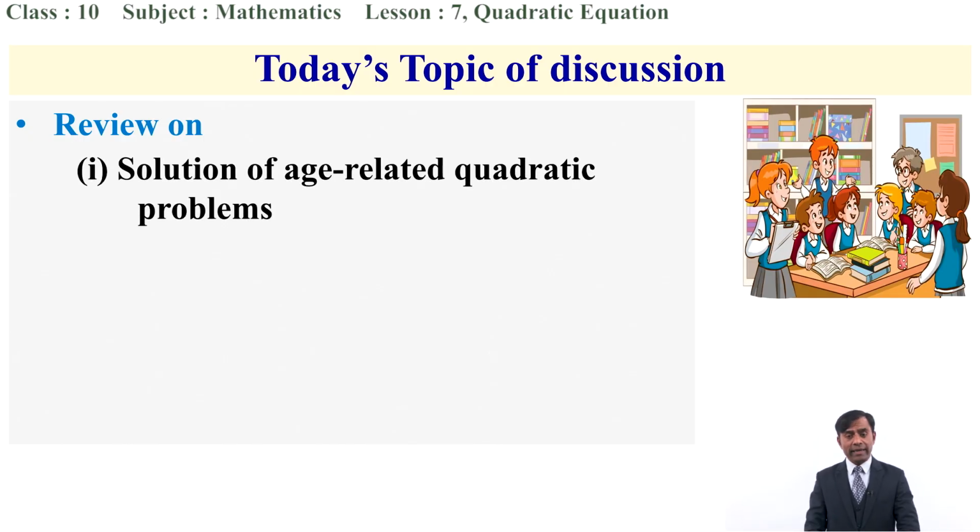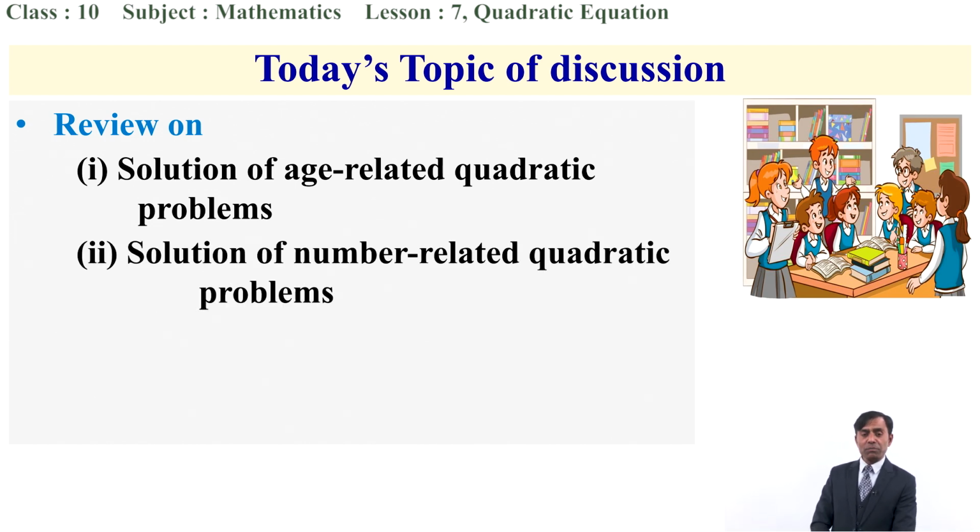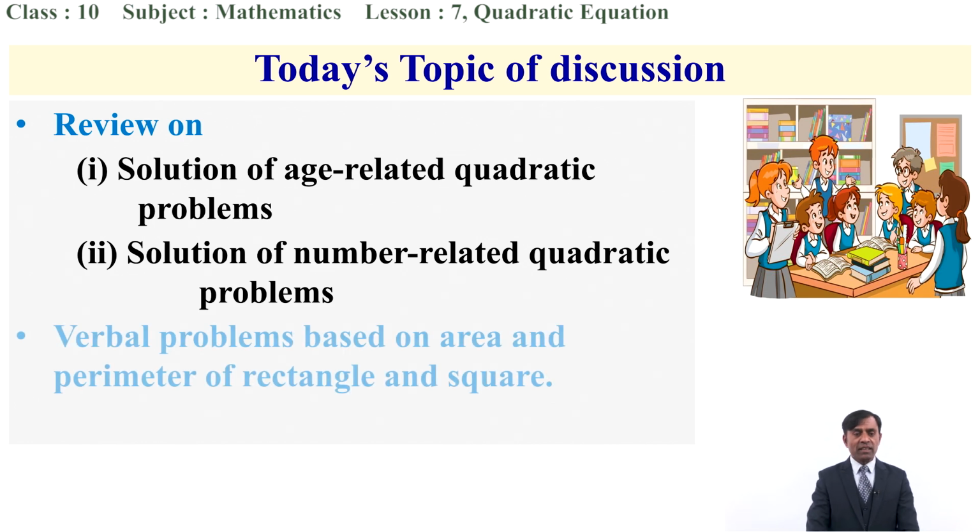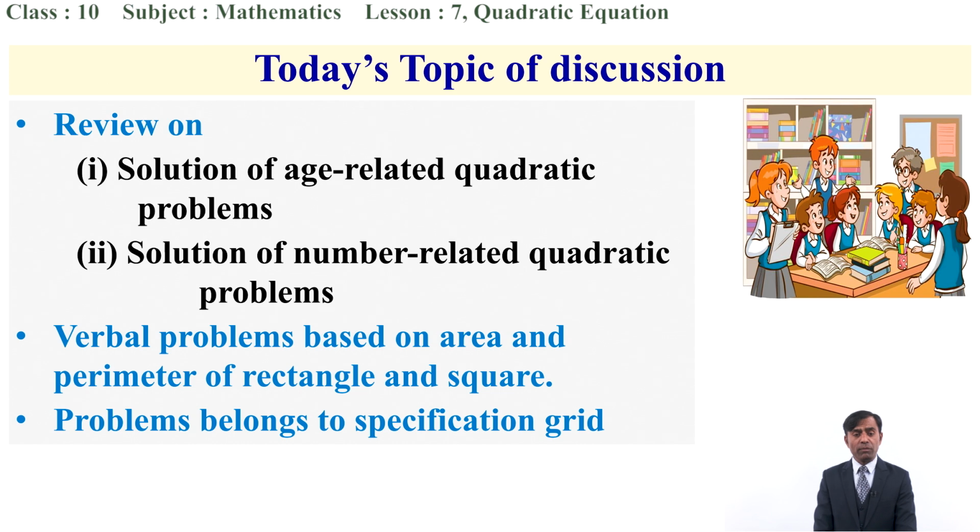This is the second part of the word problems related to quadratic equations. Today's topics are: first, review of solution of age-related quadratic problems; second, solution of number-related quadratic problems; and third, verbal problems based on area and perimeter of a right-angled triangle, rectangle and square, and the problems belong to the specification grid.